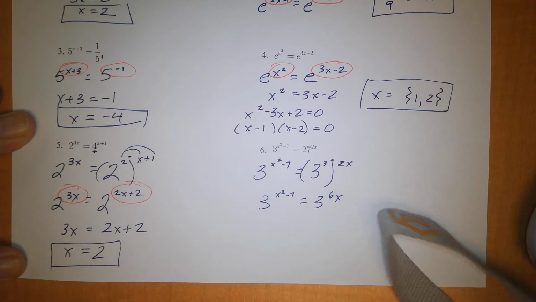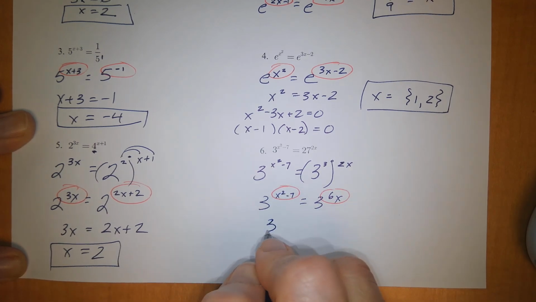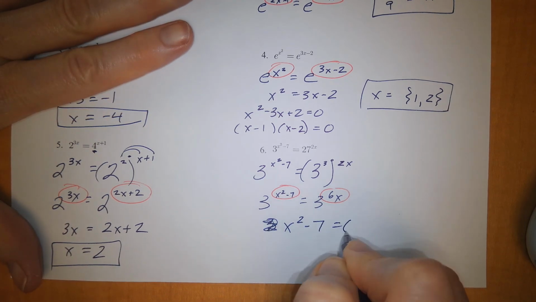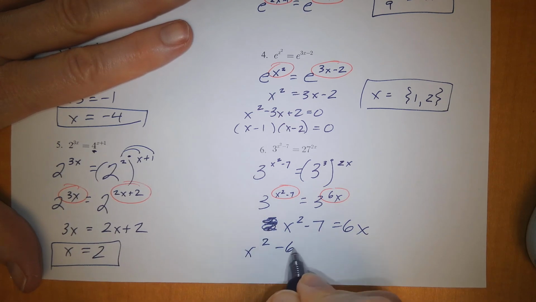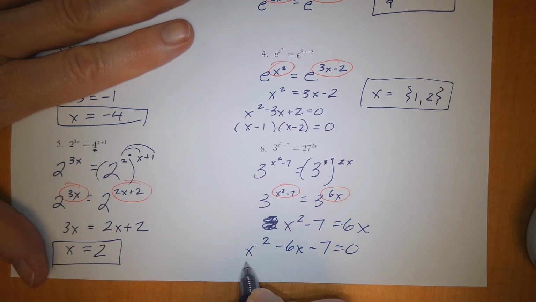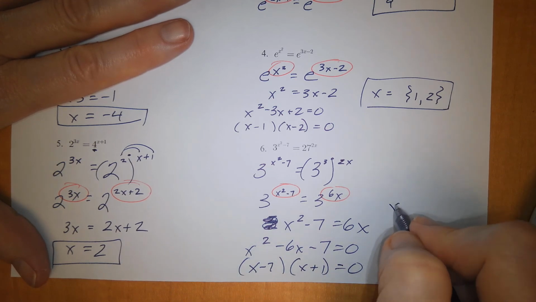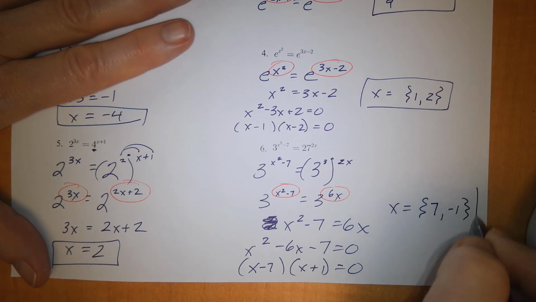And then we set their exponents equal to each other. So we have x squared minus 7 equals 6x. Let's make this a quadratic. And then we factor. So this becomes x minus 7 and x plus 1. So that means x equals 7 and negative 1.